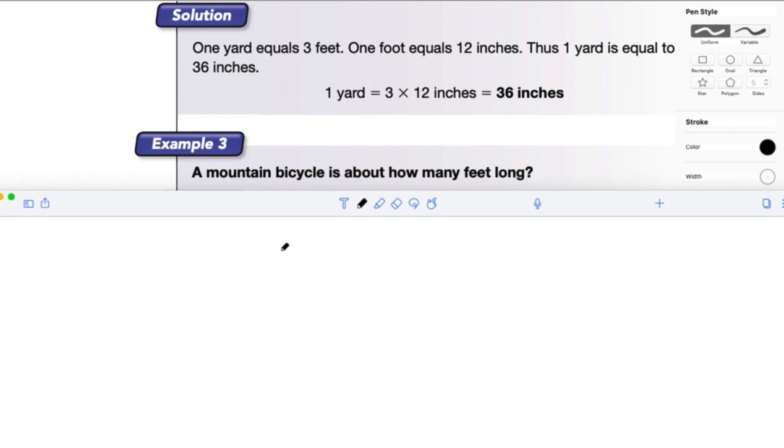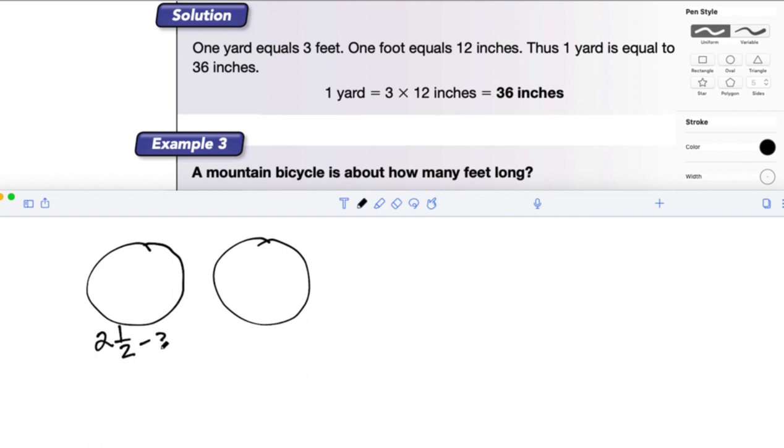So if you think about a bike, and it's a mountain bike for an adult, you'd have to think, well, the wheels are kind of large, and maybe they're about 2.5 feet, something like that.